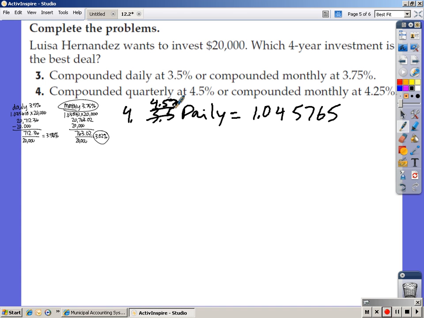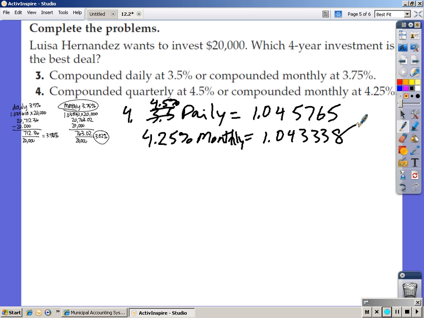And then 4.25% monthly is 1.043338. Okay? Now, 4.5% daily.